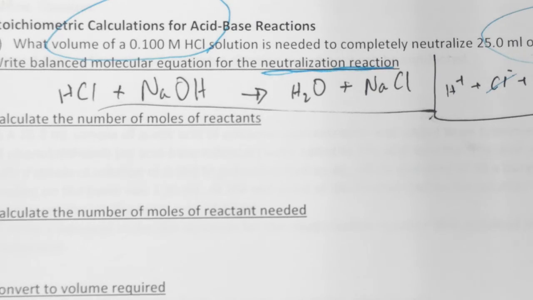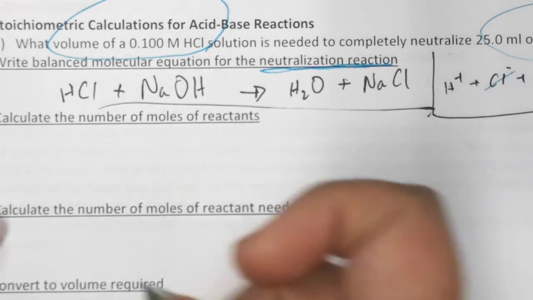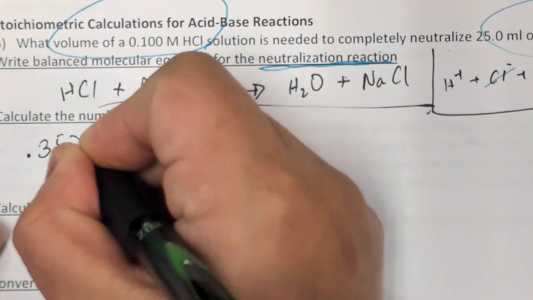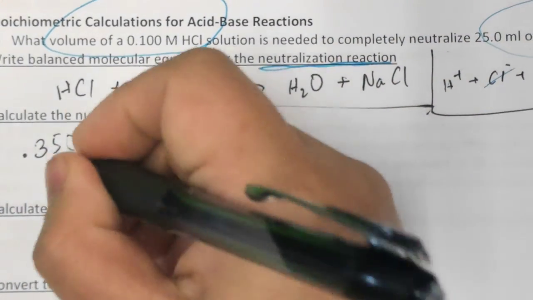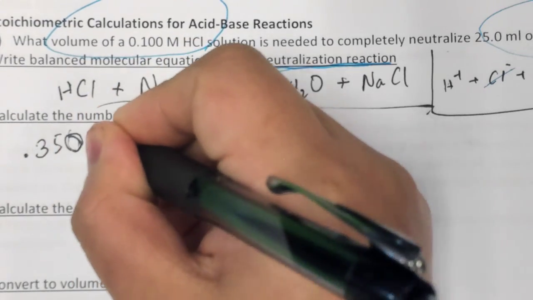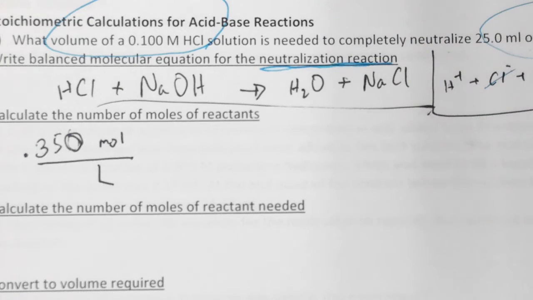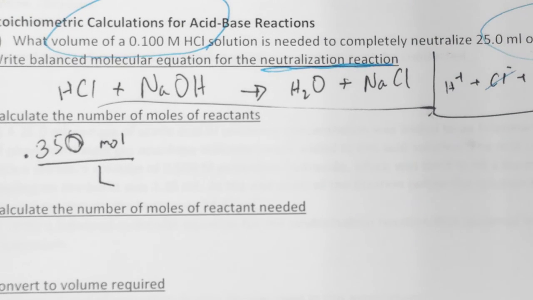Okay, now calculate the moles of reactant. Like I said up there, we could find the mole. Remember, it says 0.350 molarity. So instead of saying molarity, I am allowed to say mole over liter. I want you guys to make sure you understand that. Molarity is always mole over liter.